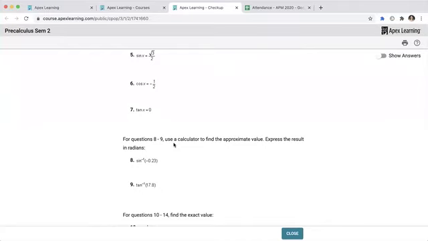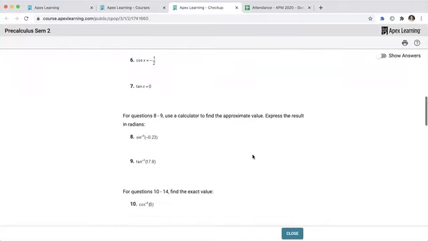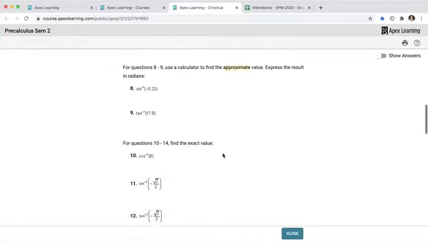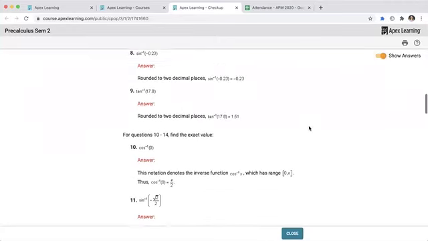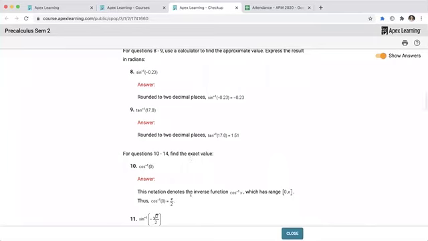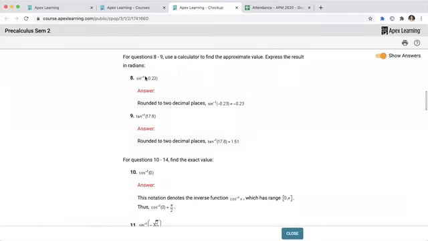All right. 8 and 9, it's asking you to actually use your calculator. So you're going to calculate an approximate value. Again, approximate because it's going to give you a decimal with multiple numbers there because you're dealing with units of pi, right? So you're going to just round those out there. When it says find the exact value, okay, that's talking about pi over something. So here, notice, approximate value is talking about decimals, all right?